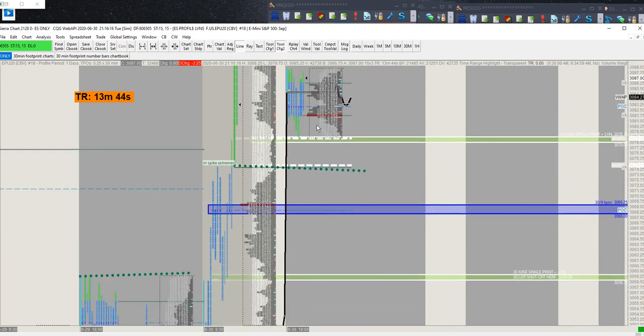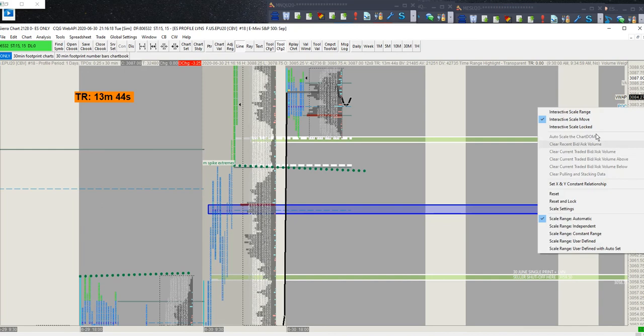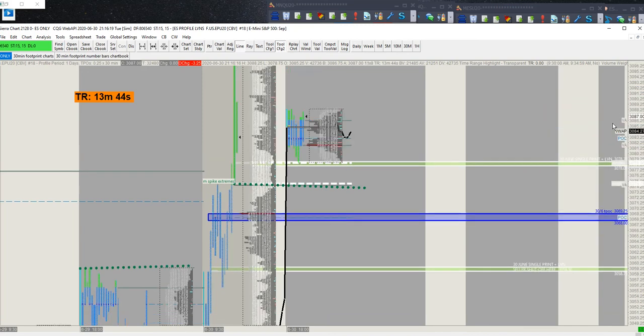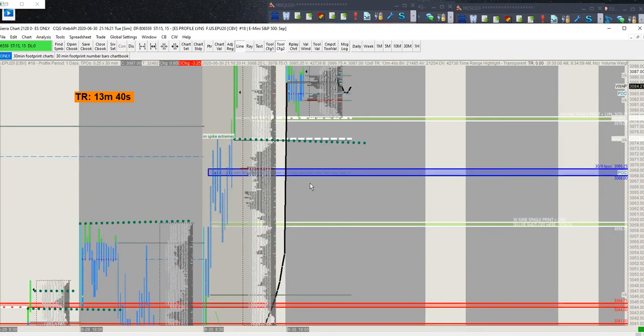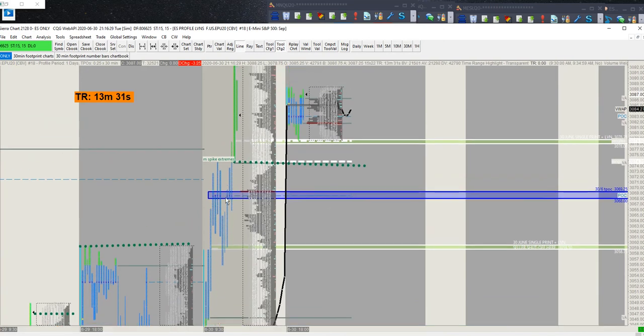The bull case is still on and still valid for me, as long as we're not getting aggressive below this 3059, and if we're getting decent rotations off this time point of control, the fairest price of the 30th of June, where the market spent at least 7-8 rotations.